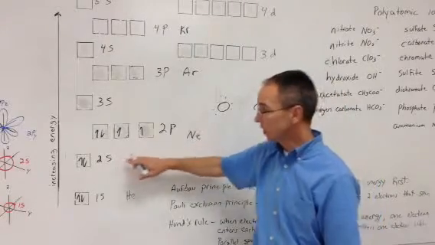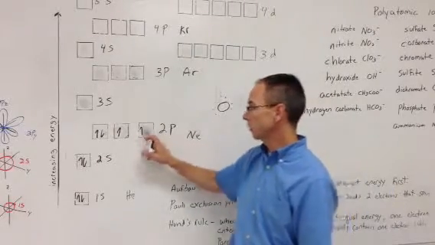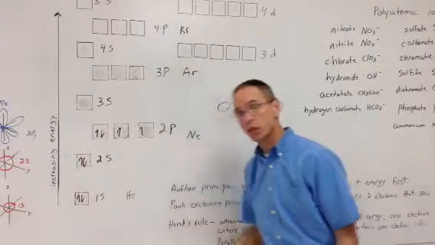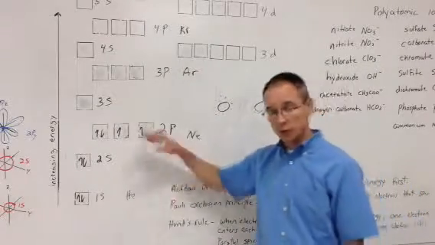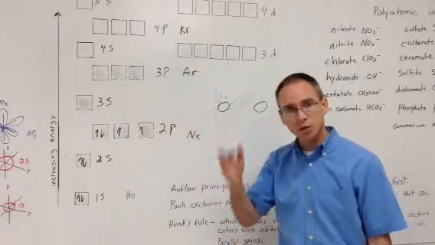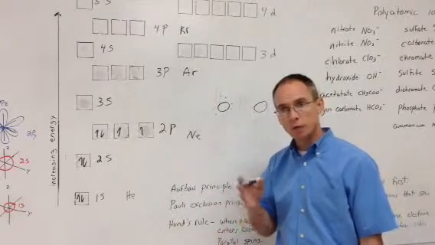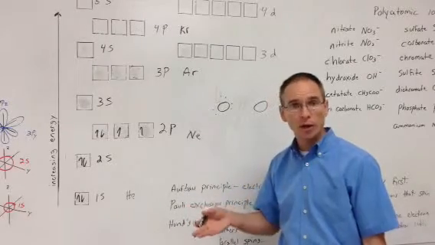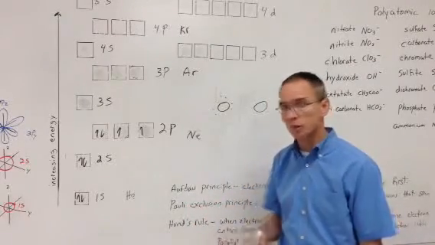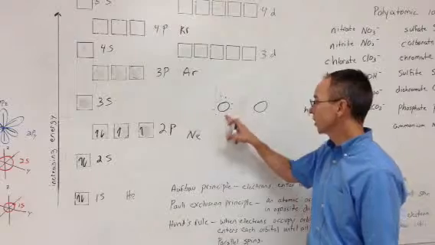So I have to look at the 2s and the 2p, and I count 1, 2, 3, 4, 5, 6. I can also tell that quickly without filling the electron configuration, because oxygen is in group 6. And remember, the elements are grouped in columns according to their valence. So everything in group 6 has a valence of 6. So oxygen gets 6 electrons around it.